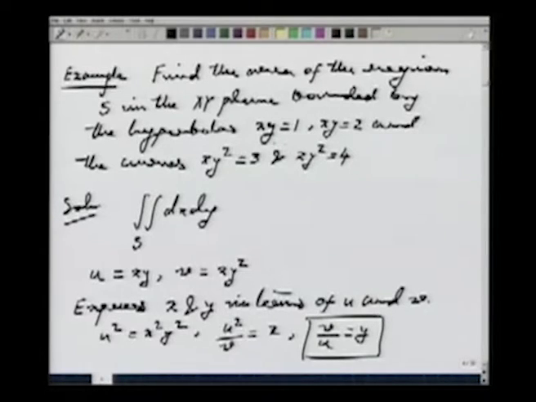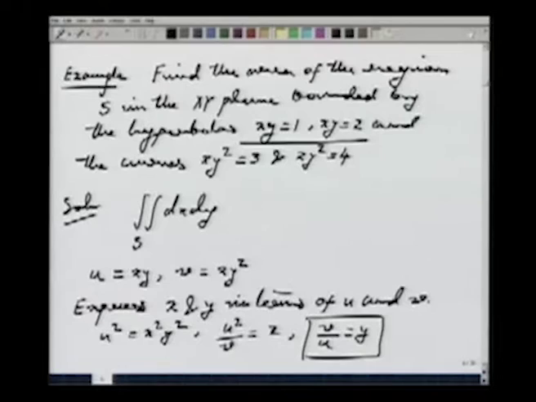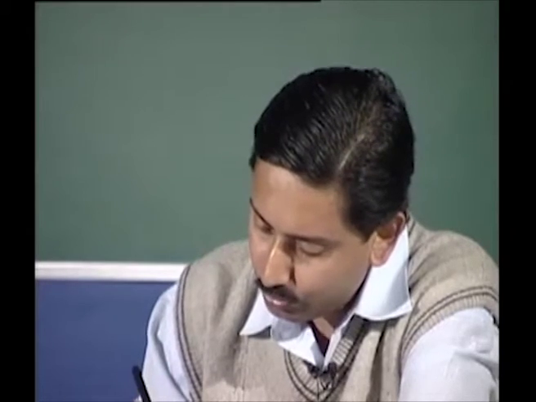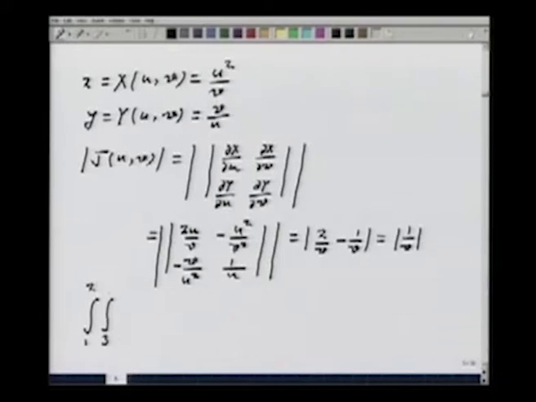The hyperbolas are given by xy equal to 1 to xy equal to 2. But according to my substitution, xy is equal to u. So u varies from 1 to 2. V is given by xy square, and xy square varies from 3 to 4. So u varies from 1 to 2, v varies from 3 to 4, dv du.